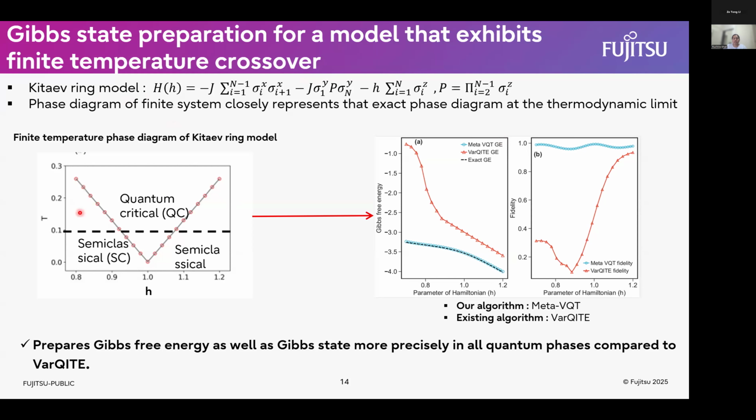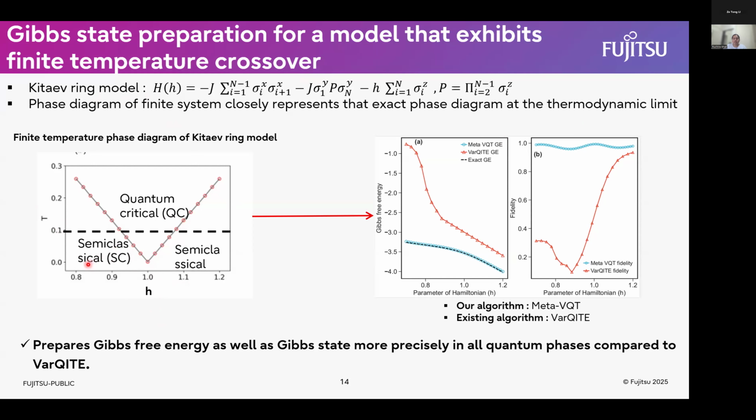So the phase diagram shows two different phases as a function of the parameter h of the Hamiltonian and the temperature. There is a smooth crossover from the semi-classical regime to the quantum critical regime.